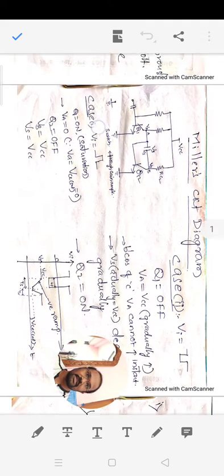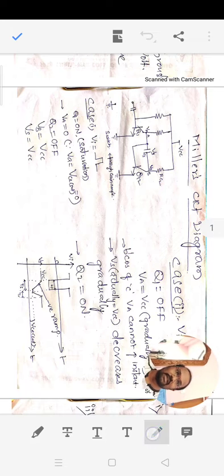See here, this is the Miller sweep circuit. In the Miller sweep circuit, there are two transistors, Q1 and Q2. The Q1 transistor acts as a switch, and the Q2 transistor acts as a high gain amplifier.